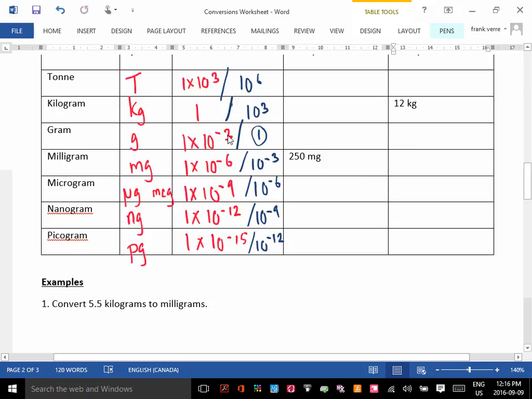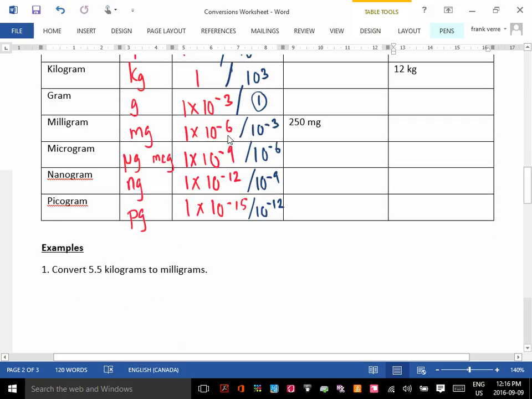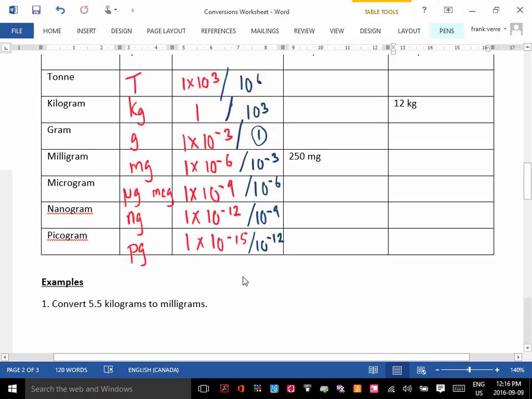All right. So let's convert 5.5 kilograms to milligrams. Now, just by looking at the chart, how many times bigger is a kilogram relative to a milligram? Yeah, very good. 10 to the 6.